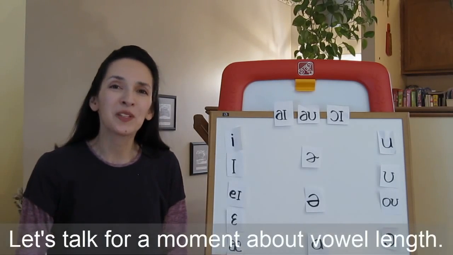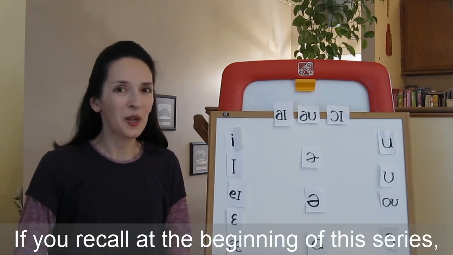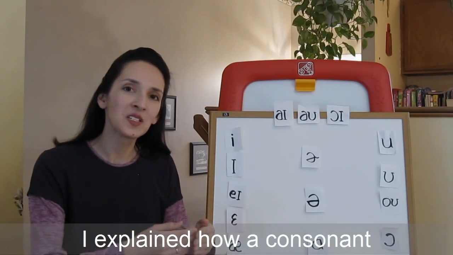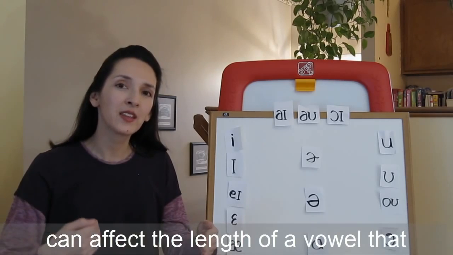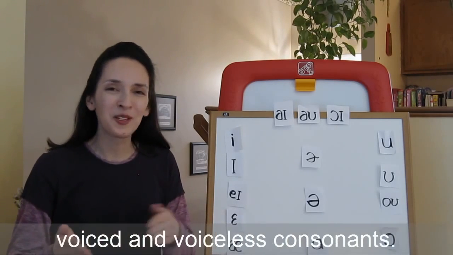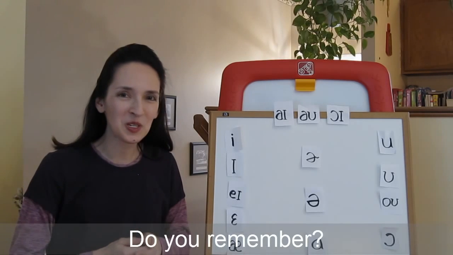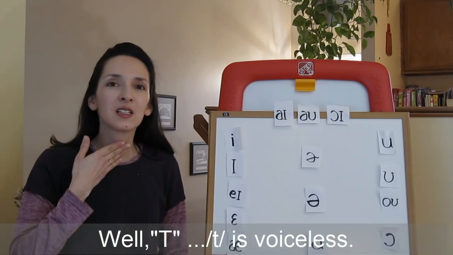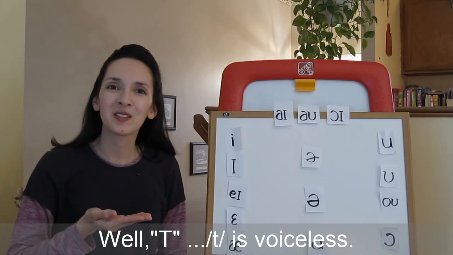Let's talk for a moment about vowel length. If you recall at the beginning of this series, I explained how a consonant can affect the length of a vowel that comes before it. There's a difference between voiced and voiceless consonants. Do you remember? T is voiceless.